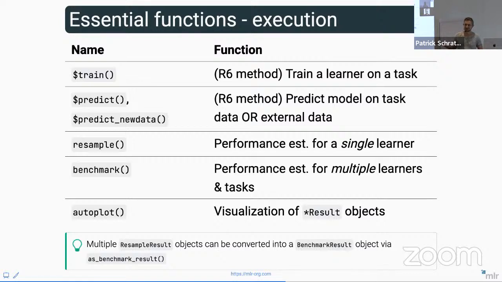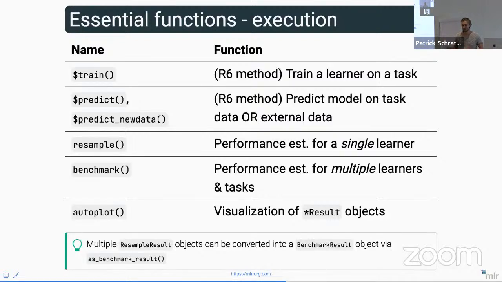You don't have to. You can convert a resample result into a benchmark result and just merge them. So there's no need for rerunning things and wasting resources multiple times.